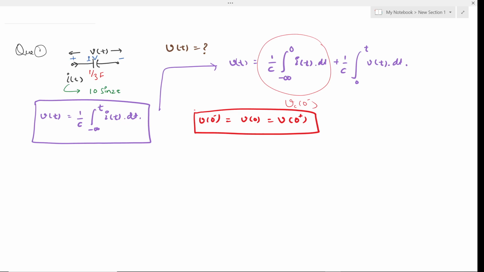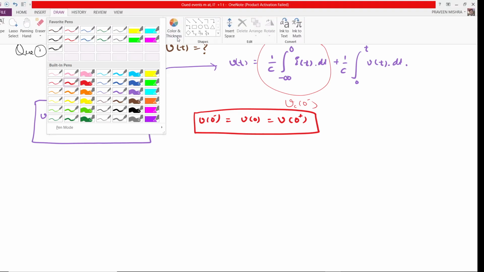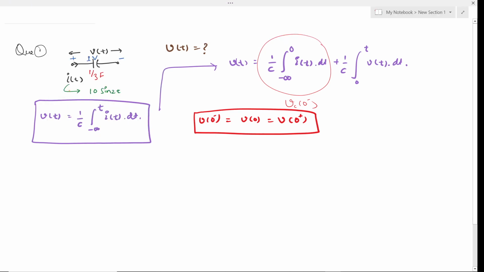In this question, what is the condition mentioned? The initial voltage across the capacitor is 1 volt, meaning Vc(0 minus) is 1 volt.